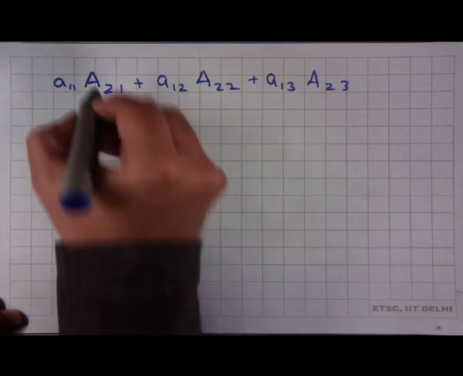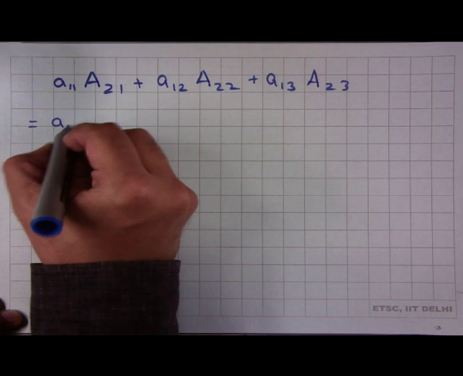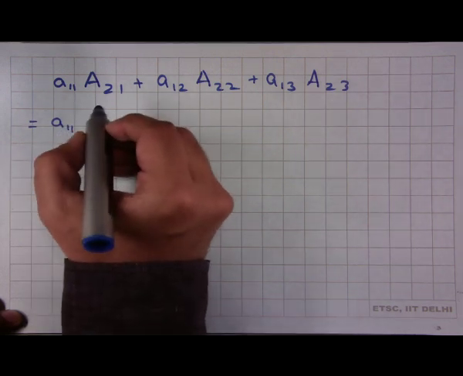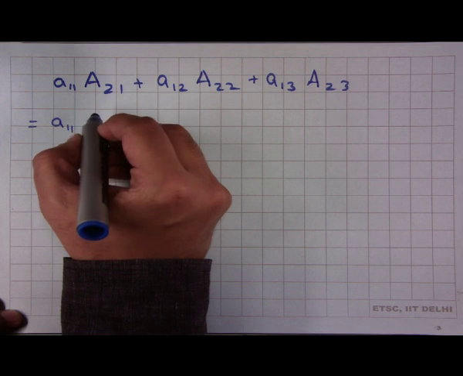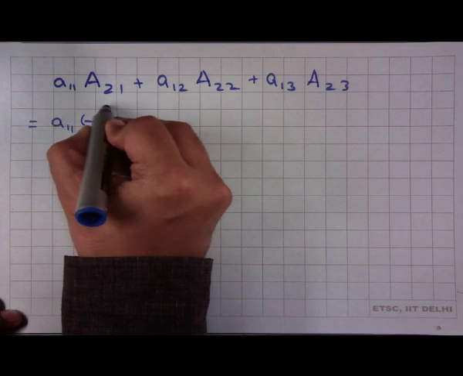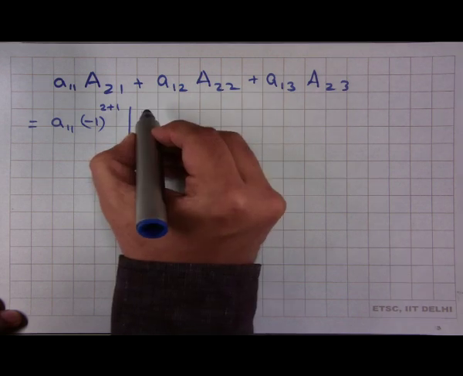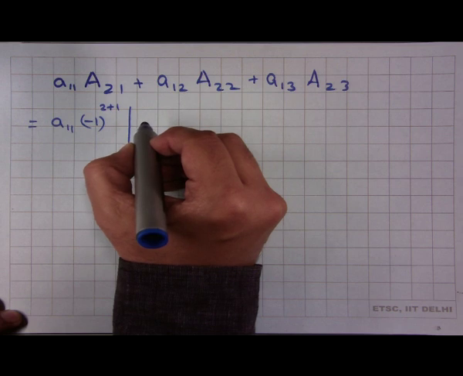What is this? Now, let us just expand A21. This is a11 times A21, where A21 is nothing but the cofactor of the element a21. So, there we have minus 1 to the power 2 plus 1 times the determinant of the matrix obtained by deleting the entire row and column containing a21.